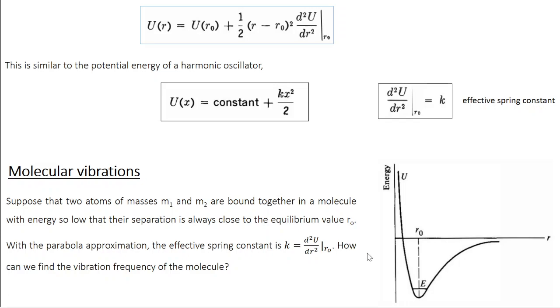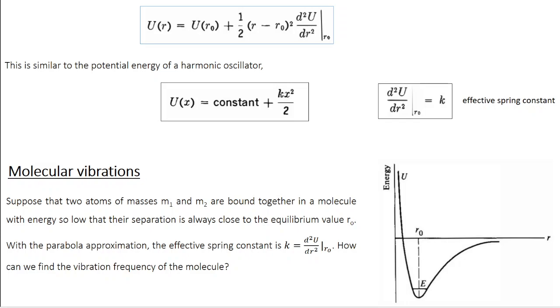Now the question is, can we find the vibrational frequency of the molecule? Now, why is the vibrational frequency very important? Because once you know the vibrational frequency of a molecule, you can get a lot of information regarding the phase transitions in that molecule, or the bonding of the individual atoms of the molecule.